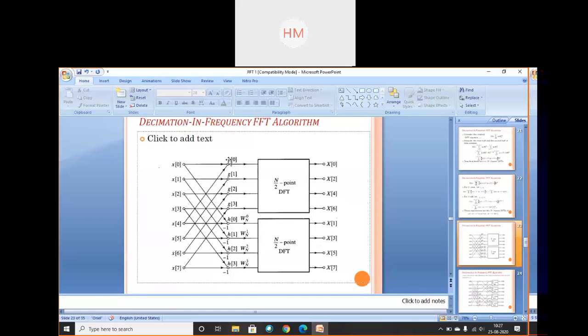So first stage we have just divided into two sections, N by 2 point DFT, N by 2 point DFT. So first four lines and last four lines are merged. Clear? Now this is an 8 point FFT. So first four are divided, then next two will be divided and you will get individual outputs. Here you can draw this diagram, the decimation in frequency FFT algorithm. Draw this DIF FFT diagram.